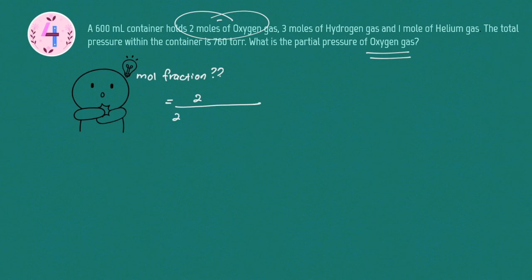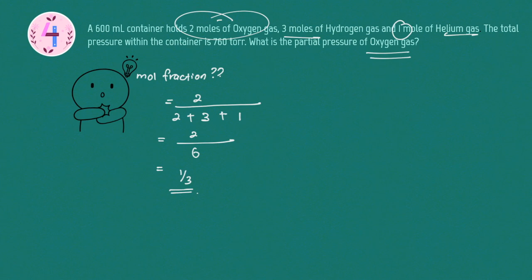You have 2 moles for oxygen plus 3 moles for hydrogen and another 1 mole for helium. So you get 2 divided by 6, equivalent to 1 over 3.